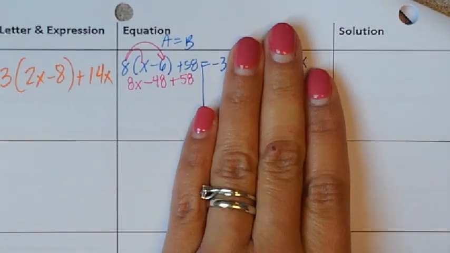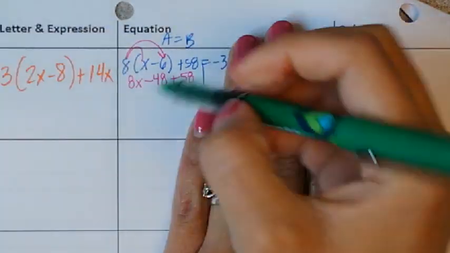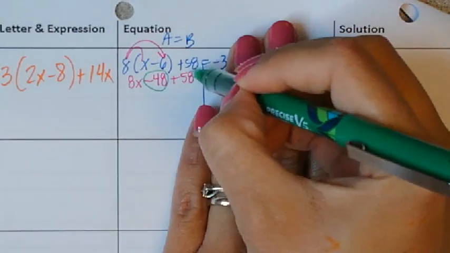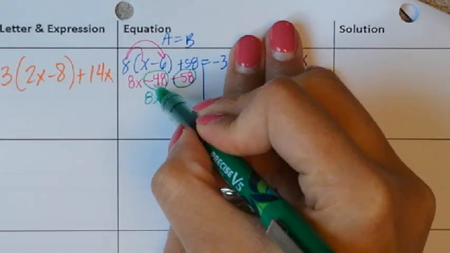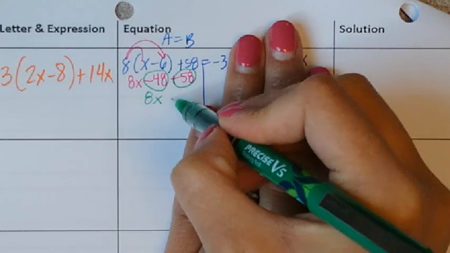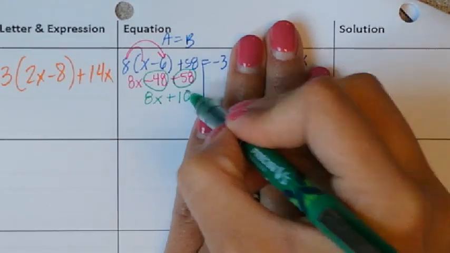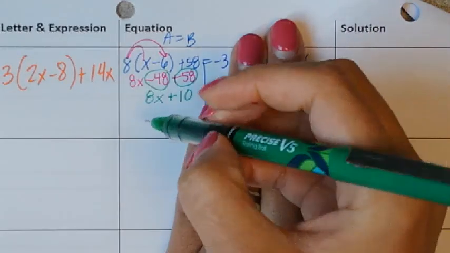After I'm done with that step, I still have more simplifying to do. These are like terms. So I would have the 8x, negative 48 plus positive 58 would be positive 10. Okay, so I'm done simplifying that side.